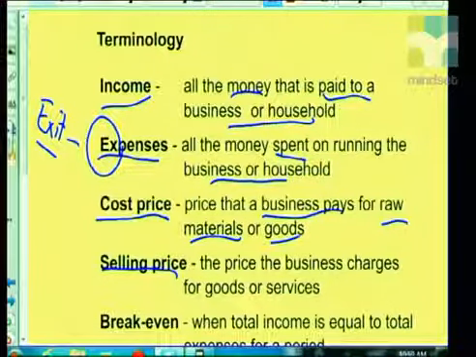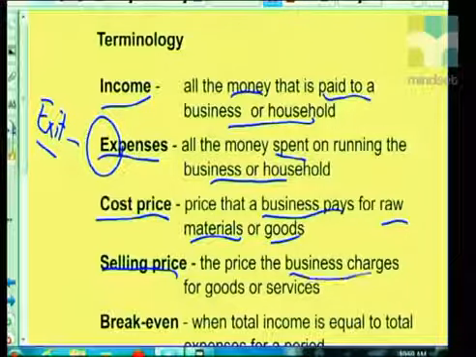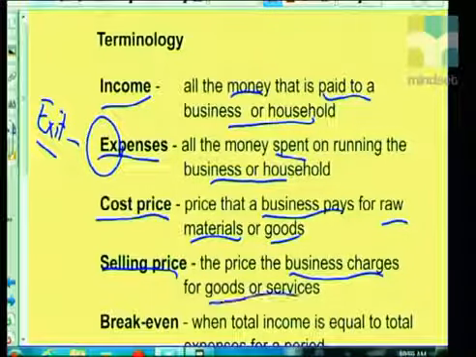The selling price is the price the business charges for goods or services. And all those things that went into the cost, what it cost me to get that product onto the shelf, that's the cost. Now, the difference between the cost price and the selling price is what we call profit.